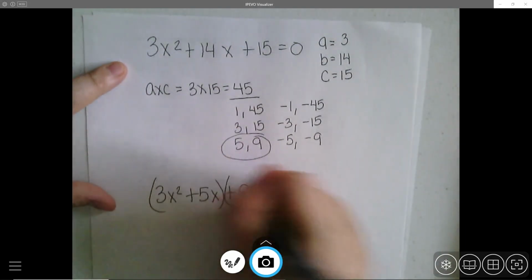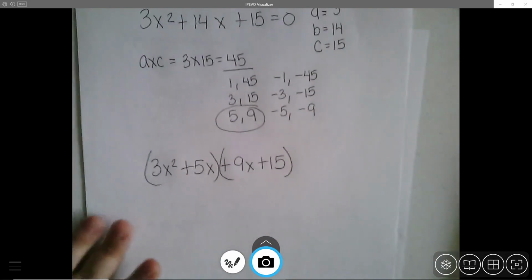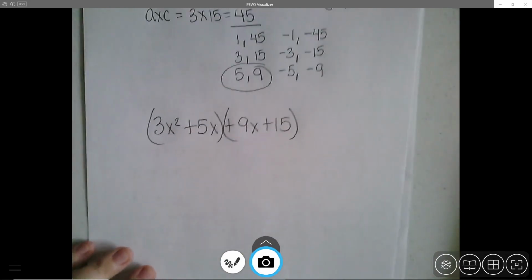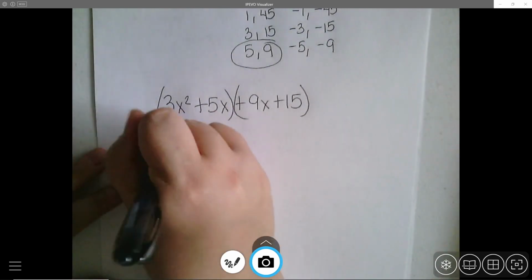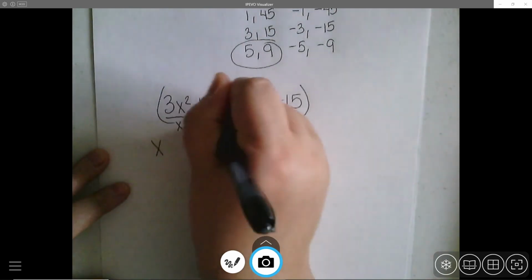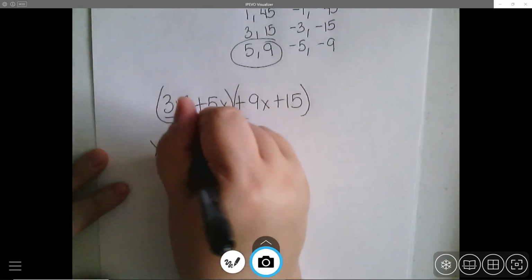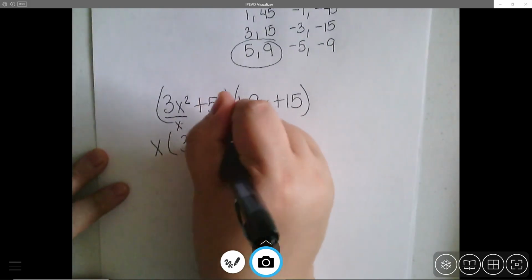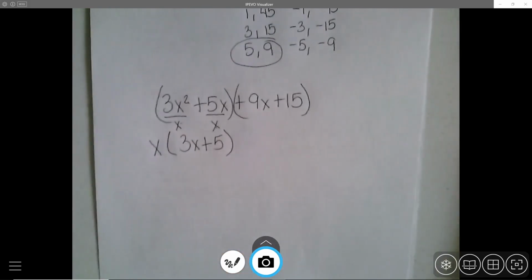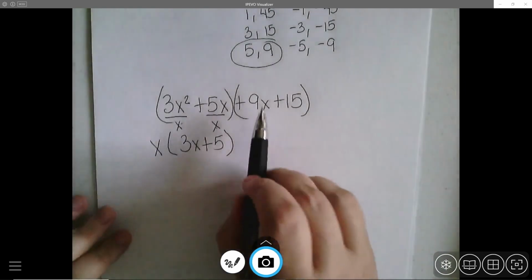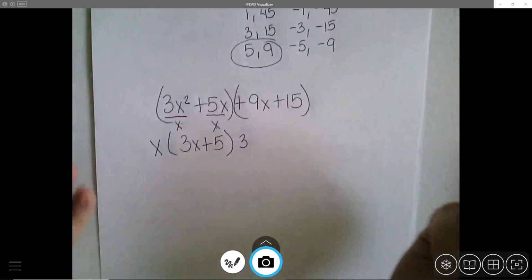Put your first two in parentheses, your last two in parentheses. Your GCF out of 3x squared plus 5x is just an x. So I'm going to divide these all by an x. 3x squared divided by x is just x, plus 5x divided by x, you have none left, so it's 3x plus 5. Out of 9x plus 15, your GCF is a 3.